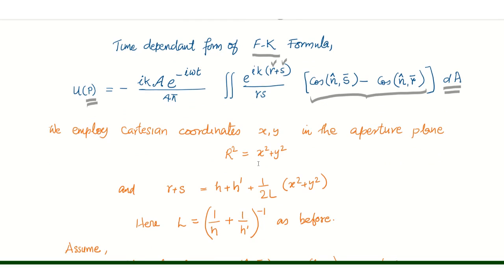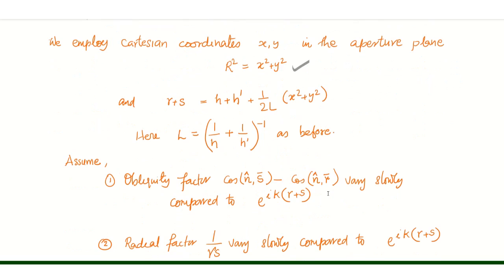It is straightforward to see that R square is x square plus y square. And the second assumption, R plus S can be computed by, okay, this is R square over 2L plus H prime, where L is this one. We have done that while we were dealing with Fraunhofer diffraction.